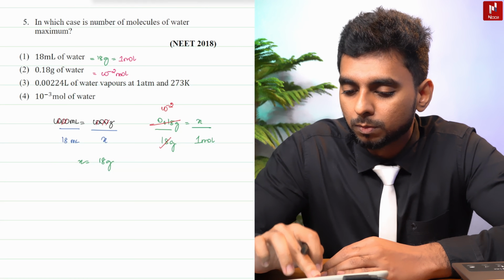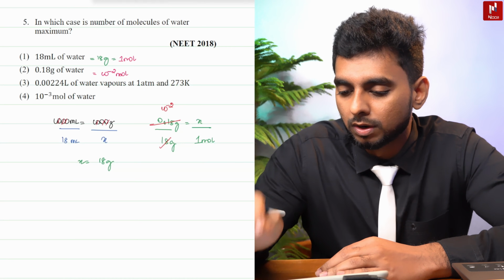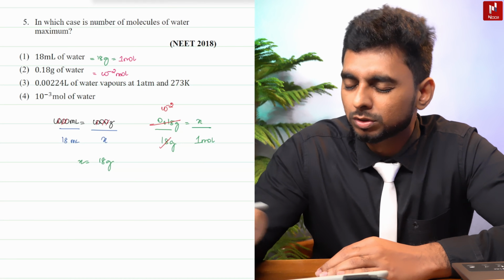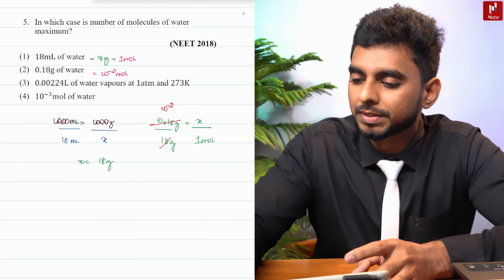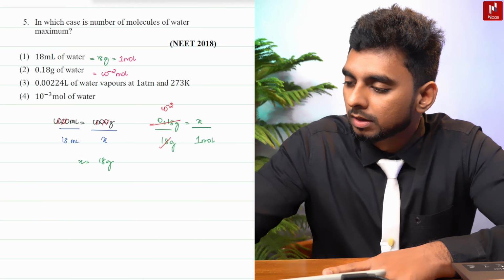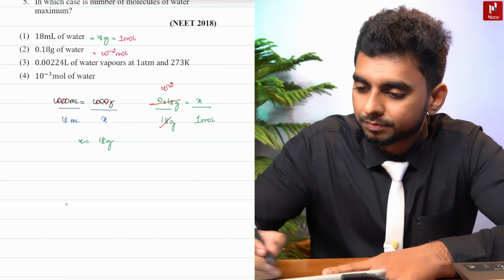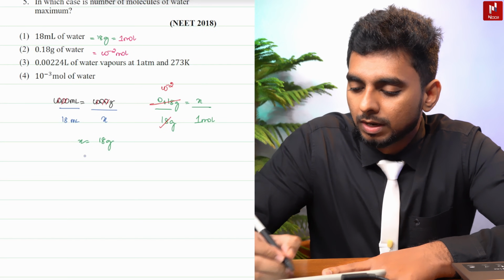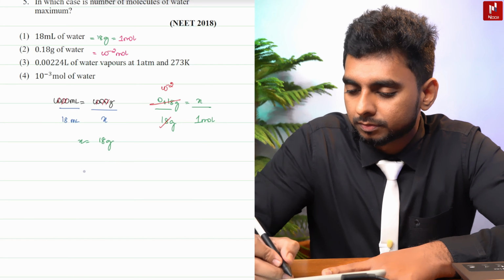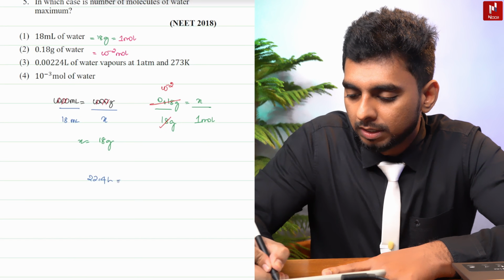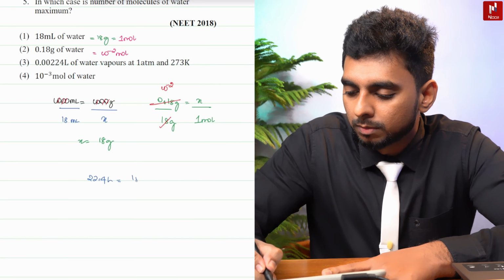Then you have 0.00224 liters of water vapor at 1 atm and 273 Kelvin. This is a kind of STP, right? You will have 22.4 liters equal to 1 mole.